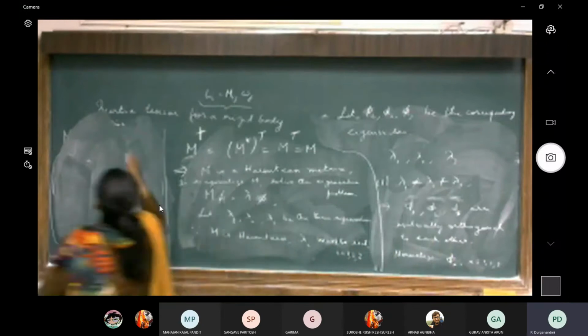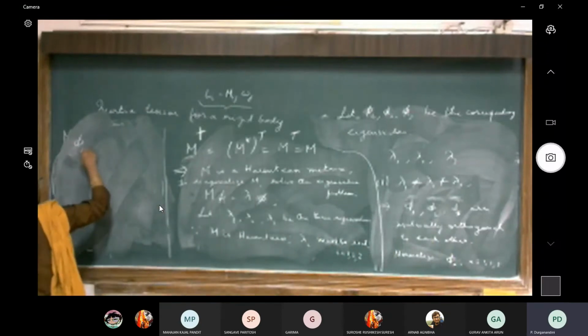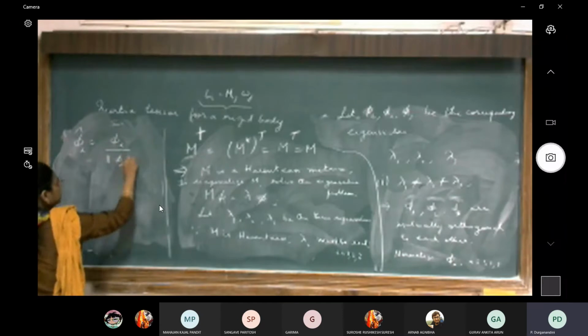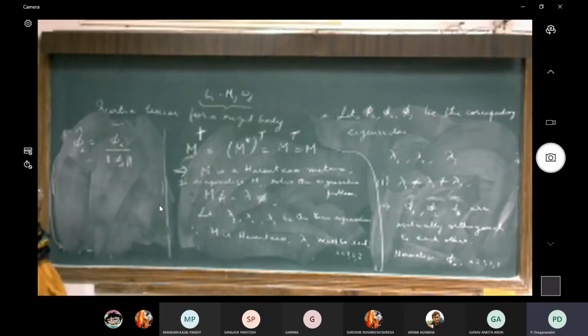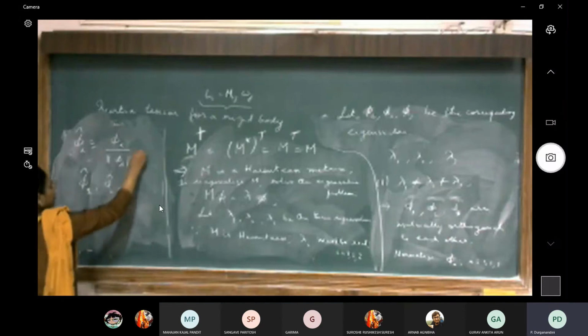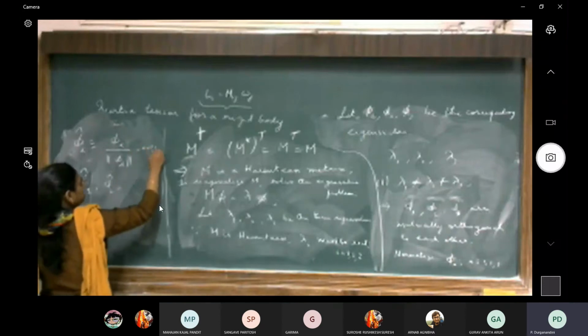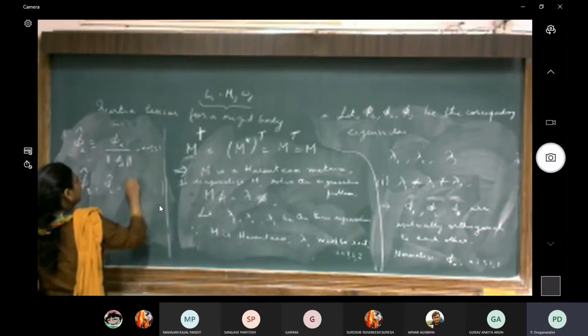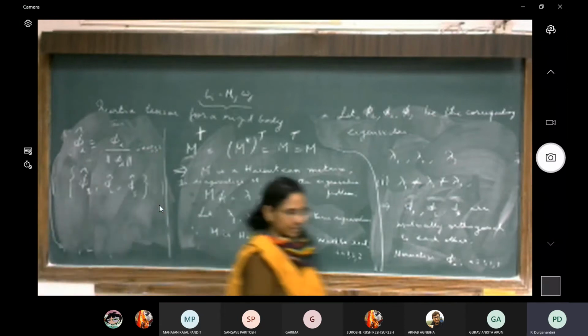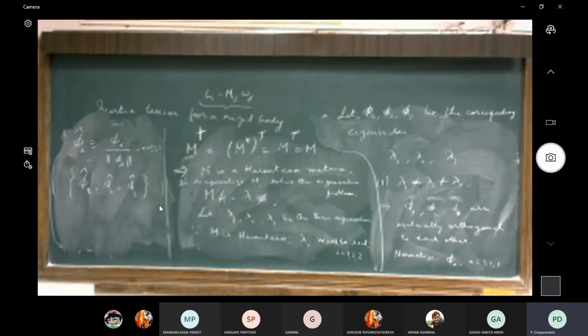Suppose I define phi i cap to be equal to phi i divided by its norm. Then for i equal to 1 to 3, these will form an orthonormal basis for your three-dimensional space.